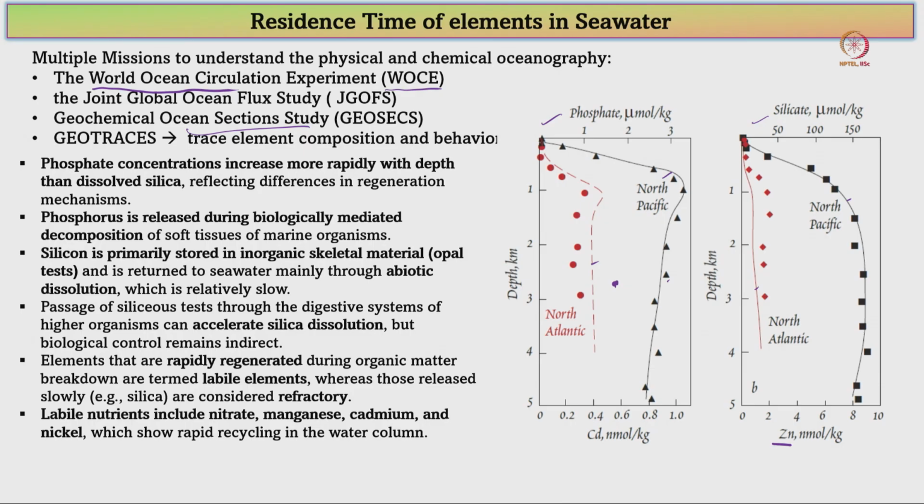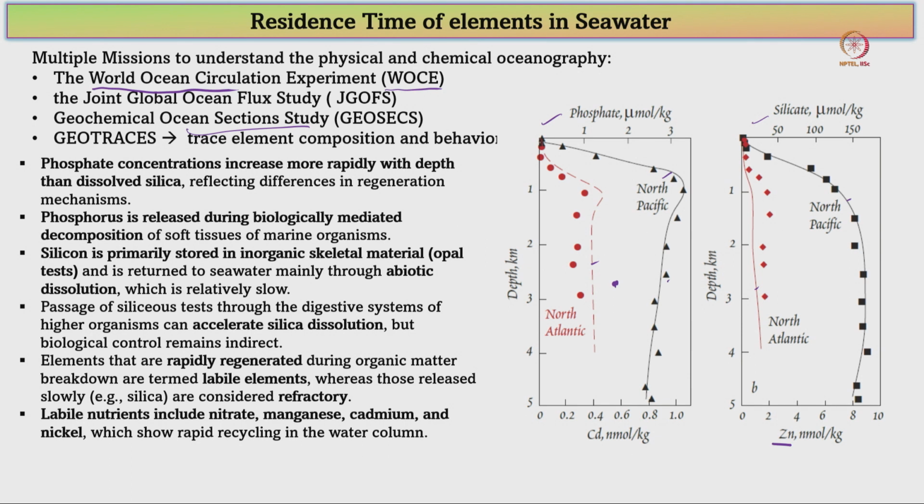So if cadmium and phosphate are correlated, then you know okay, your data is very good. If silicate and zinc, micronutrients, are correlated, so you know the data is correlating well with its similar element, then the data is good.